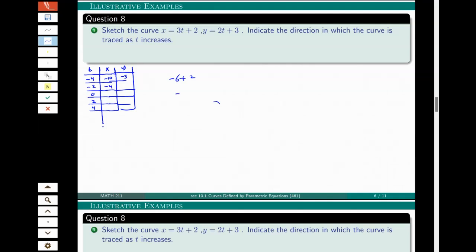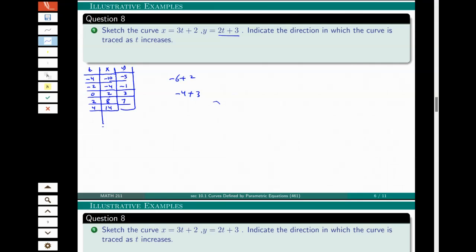If I put minus 2, I'll get minus 4 plus 3, which is minus 1. If I put 0, it will be 2. If I put 0, it's 3. If I put 2, it will be 6 plus 2, which is 8. If I put 2 here, it will be 4 plus 3, which is 7. If I substitute 4, it will be 12 plus 2.